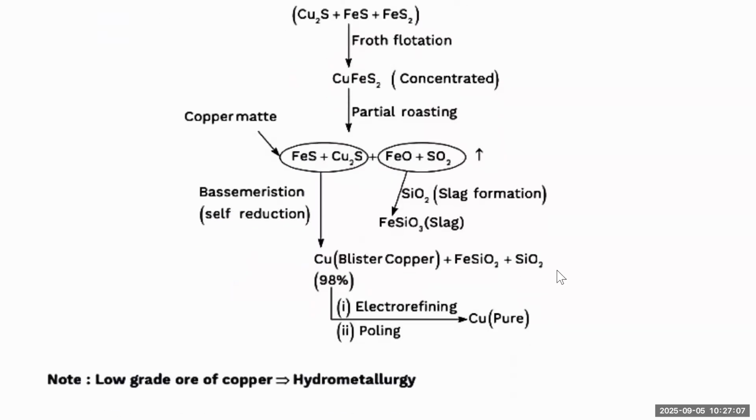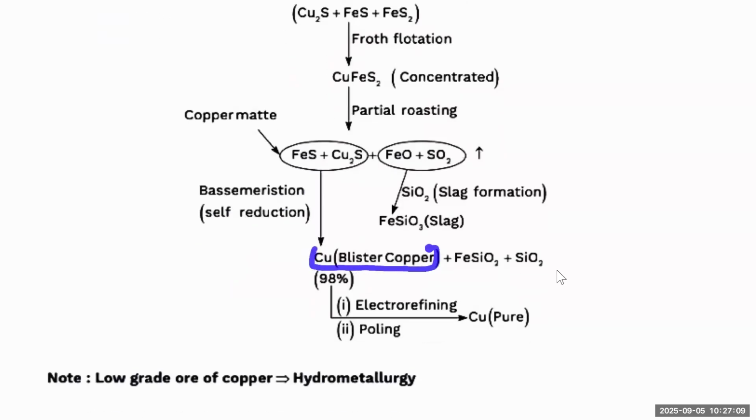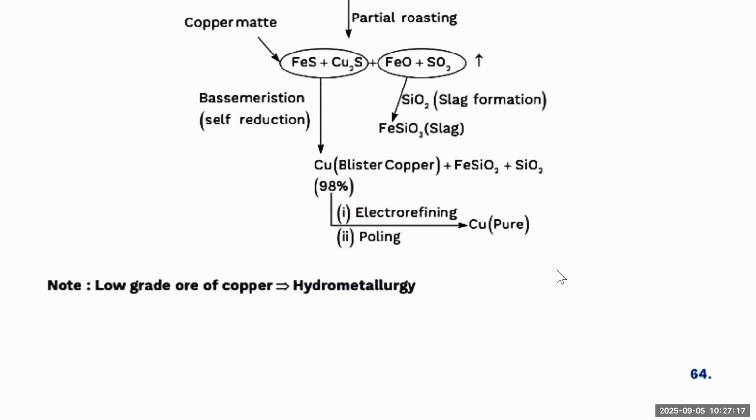Through bessemerization, we can get copper, which is blister copper, and iron will exist as FeSiO3, silica will convert into SiO2. This is around 95% pure, but that can be done via electro refining, and then via poling, we can get copper in the pure form.